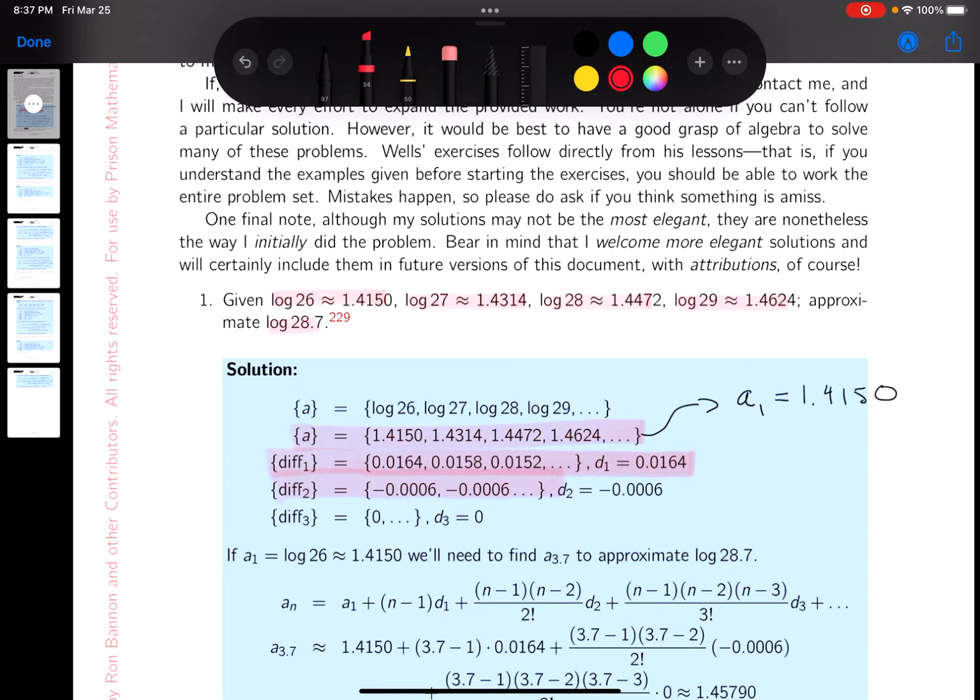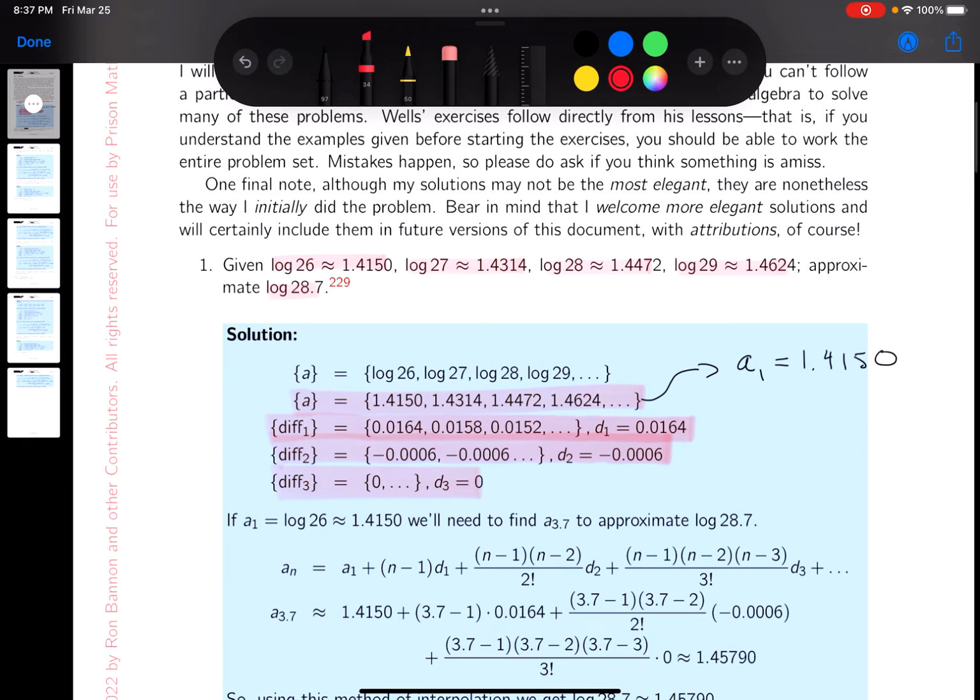And again, these were carefully selected. I got these numbers, all right, and they were all the same. So now my D2 is minus 0.0006. All right. Any D after that is going to be 0. Then what I do, I write the formula down for AN. Now here comes the problem.